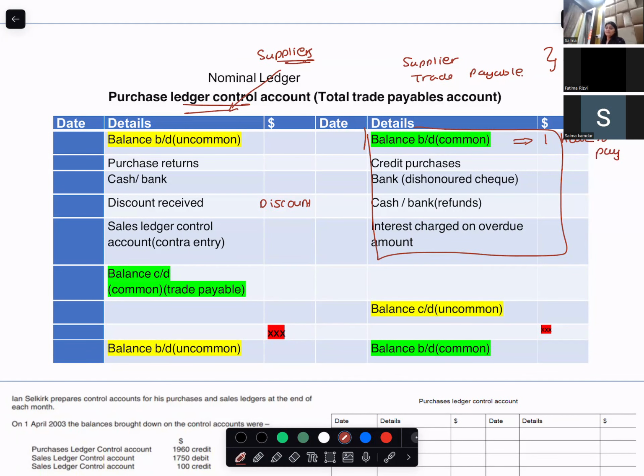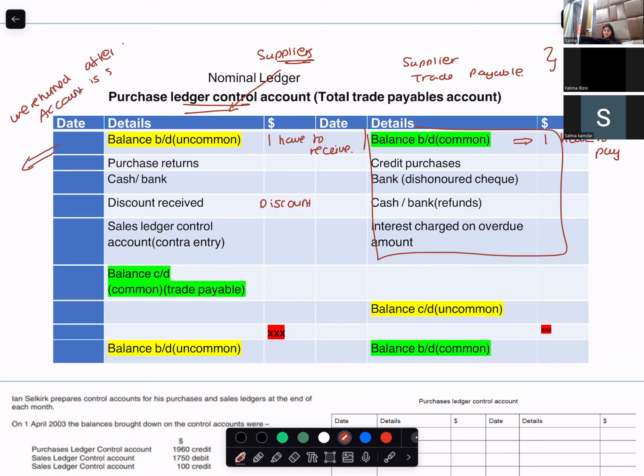There are times when the supplier can also have a debit balance. Debit balance means I have to receive. When will be a situation where you have to receive from your supplier? Maybe we return goods after the account is settled.